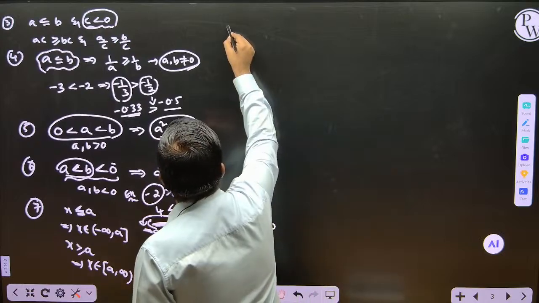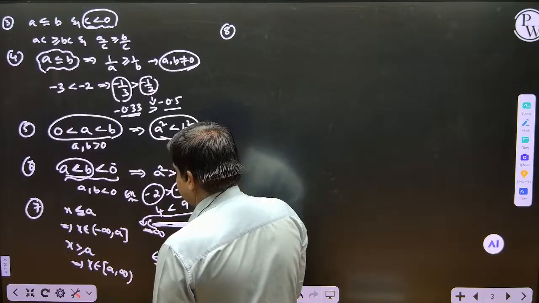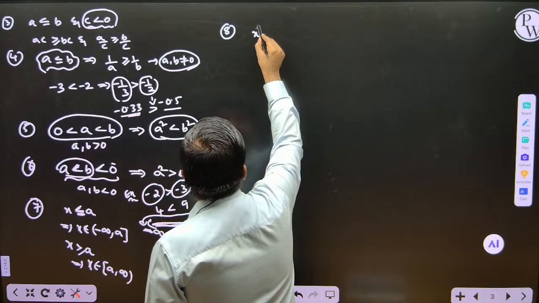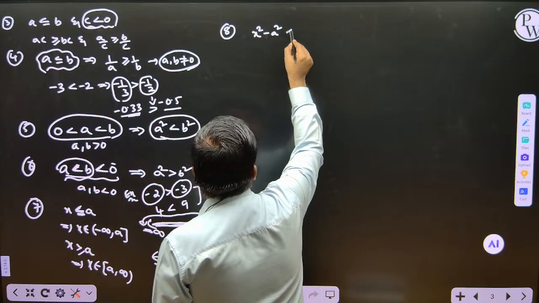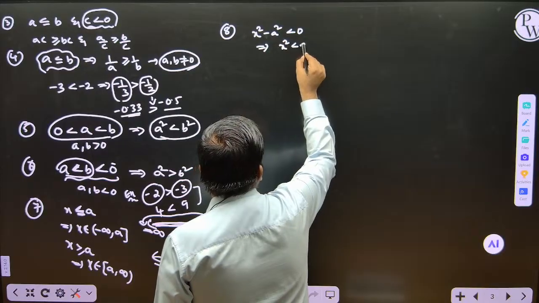Next, the eighth one, look at here. X square minus A square less than 0. It implies x square less than A square.